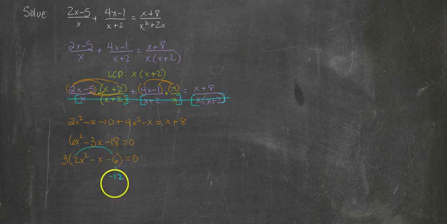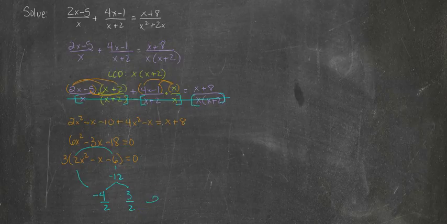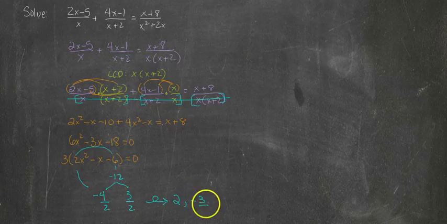Two numbers that multiply to give you negative 12, but add to give you a negative 1 are negative 4 and positive 3. Undo the magic, divide by 2. And so my solutions are positive, change the signs, 4 divided by 2 is 2, and 3 divided by 2, 3 doesn't divide by 2 leaving an integer, so we'll keep the fraction, but change the sign to negative 3 halves.